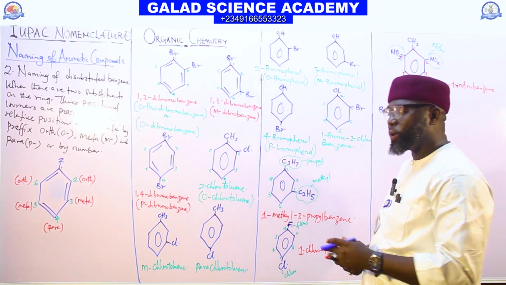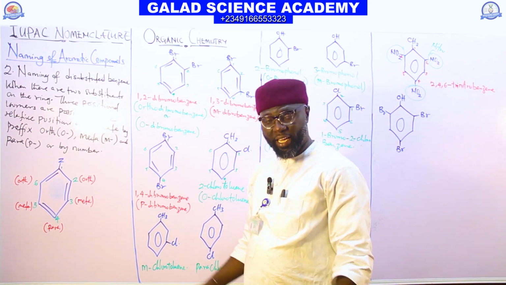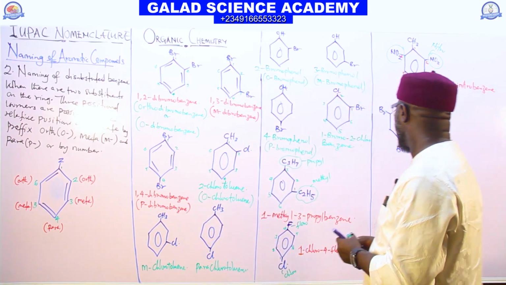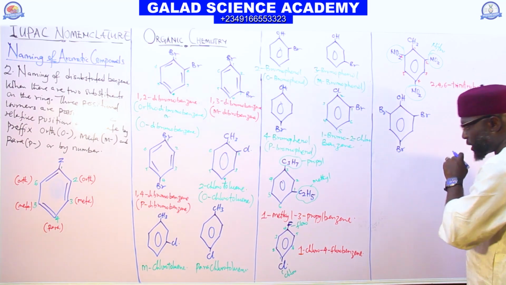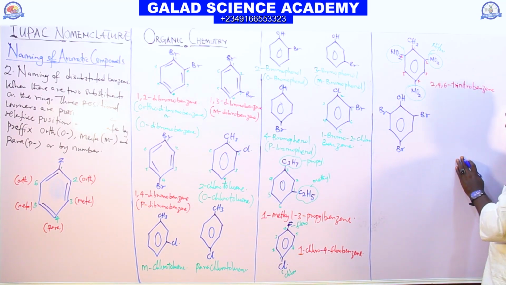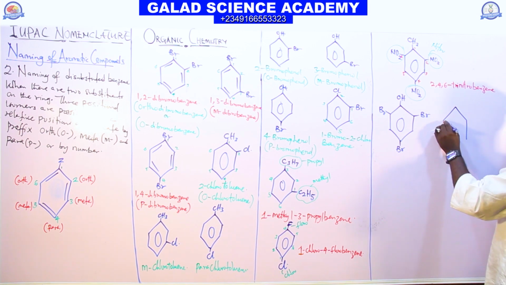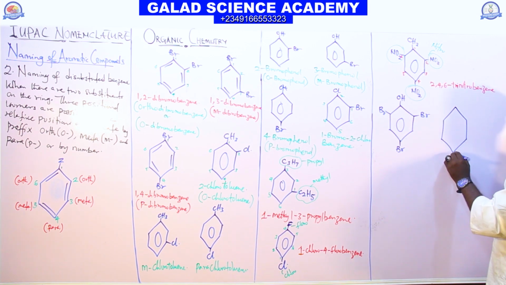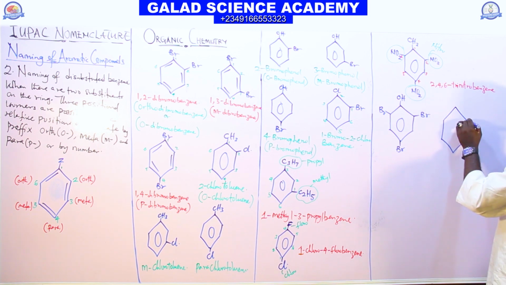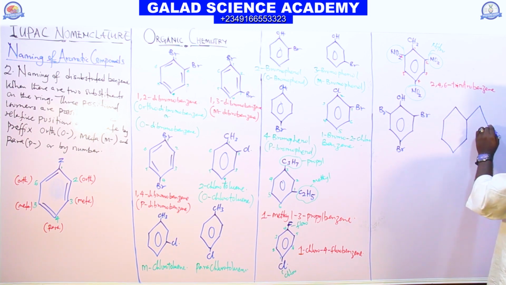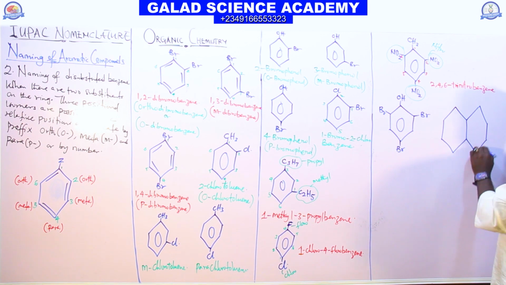And we can also have benzene in combined form. If benzene exists in combined form, like this, we have one benzene now combined with another benzene, which is arene, like this.